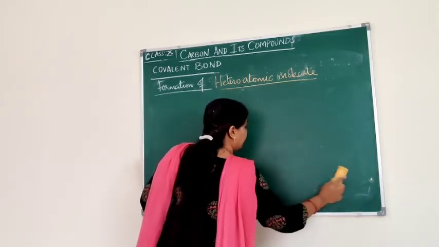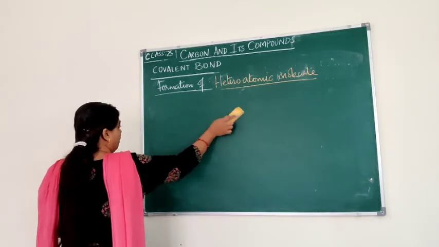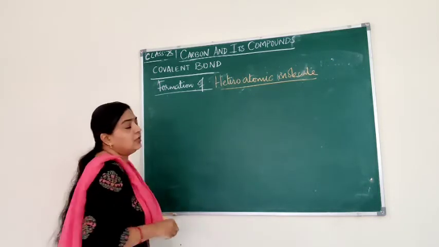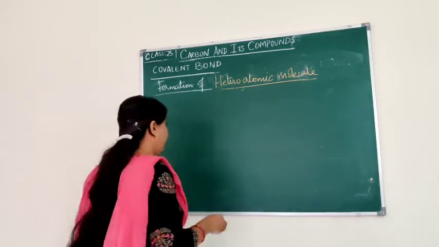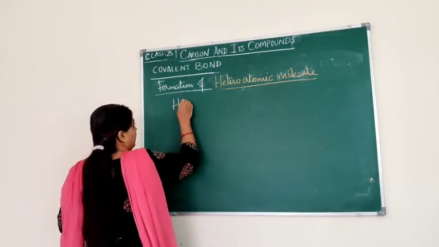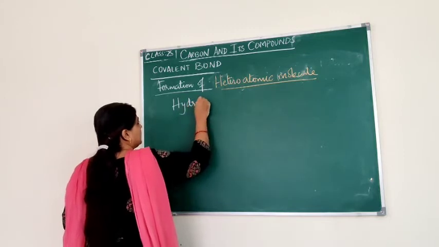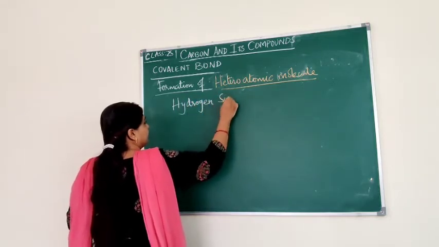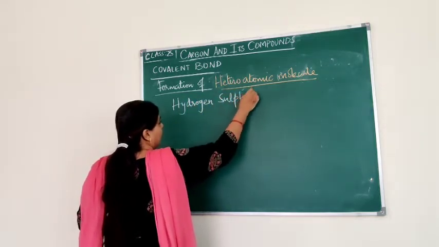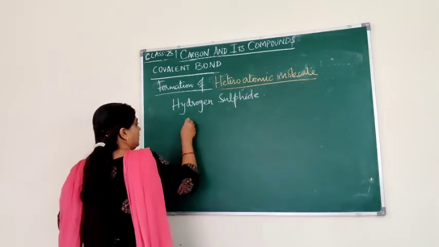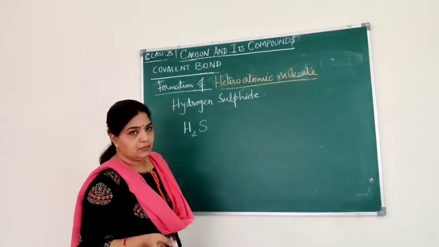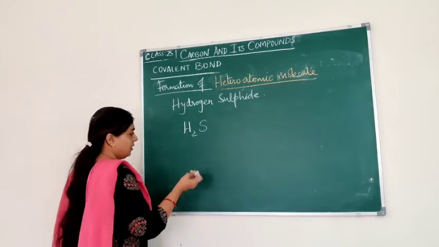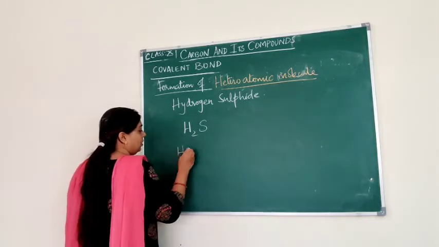Let us see one more example. Hydrogen sulfide. You should know the formula. If they ask, write the dot formula for hydrogen sulfide. Both hydrogen and sulfur are non-metals. What is the formula for hydrogen sulfide? H2S. You know how to get the formula, just to recall.